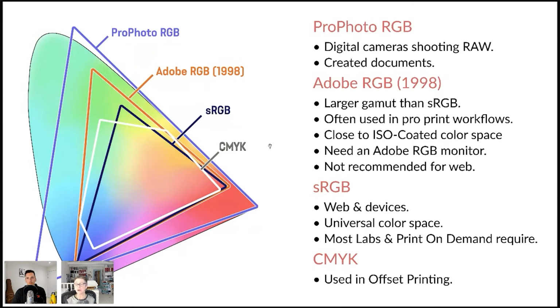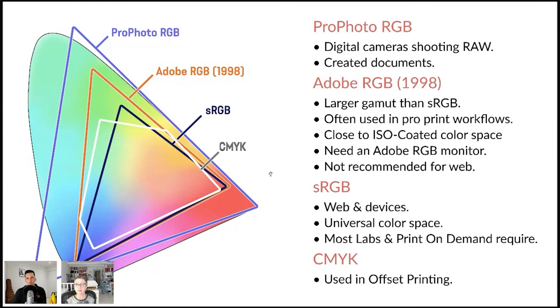It's called Adobe RGB 1998, but still very much in use. And Adobe RGB is this orange triangle. Can you guys see this okay on the video? Yep. It's the orange one, and it has a larger spectrum than sRGB, and it's actually closer to the ISO coated color space, which is the offset printing. So, halftones and the offset printing on coated paper, it's closest to that.